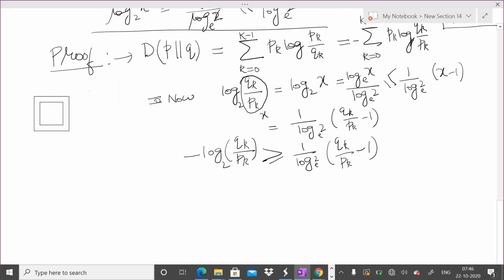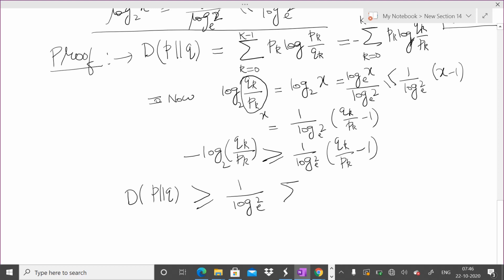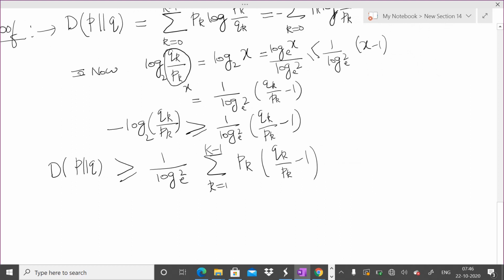Hence we can write D of p q is greater than or equal to 1 over log 2 to the base e, sum over k equal to 1 to K of pk times qk by pk minus 1, right. I have just used this inequality here.